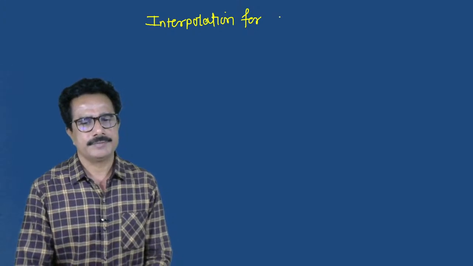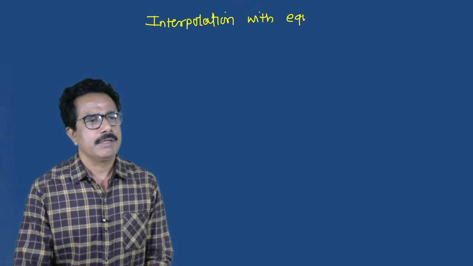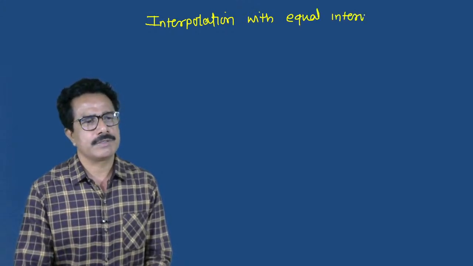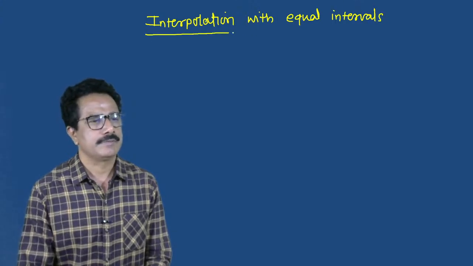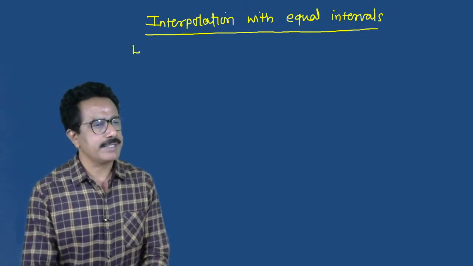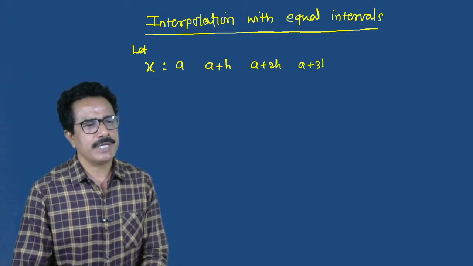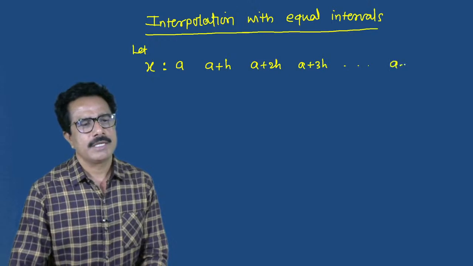Interpolation with equal intervals. Suppose x takes the values a, a plus h, a plus 2h, a plus 3h, up to a plus nh.